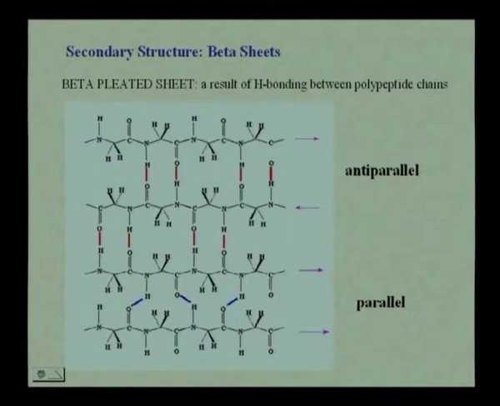Now, if we go back here and look at our anti-parallel beta sheet and the parallel beta sheet, what you see here is different types of hydrogen bonding. Okay? If you look carefully, you will be able to distinguish the difference. What is the difference? This N-C alpha C is a single amino acid.